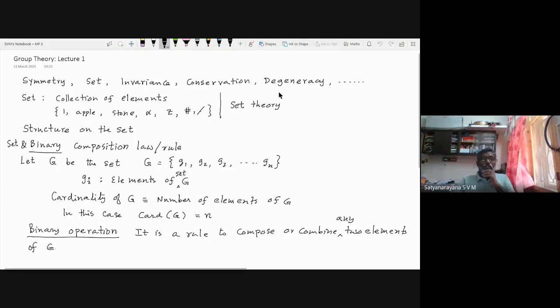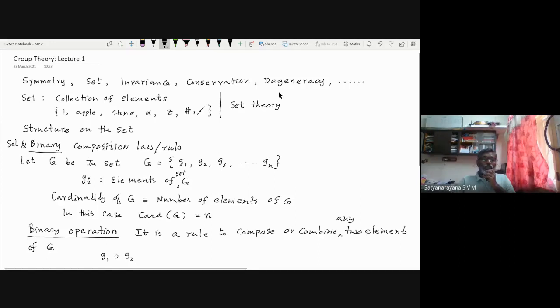That means if you take G1 and you take G2, then I should be able to combine them. Okay, so let me define this binary operation to be some O here. Okay, G1, G2, you should be able to combine. Okay, so this is the combined effect.